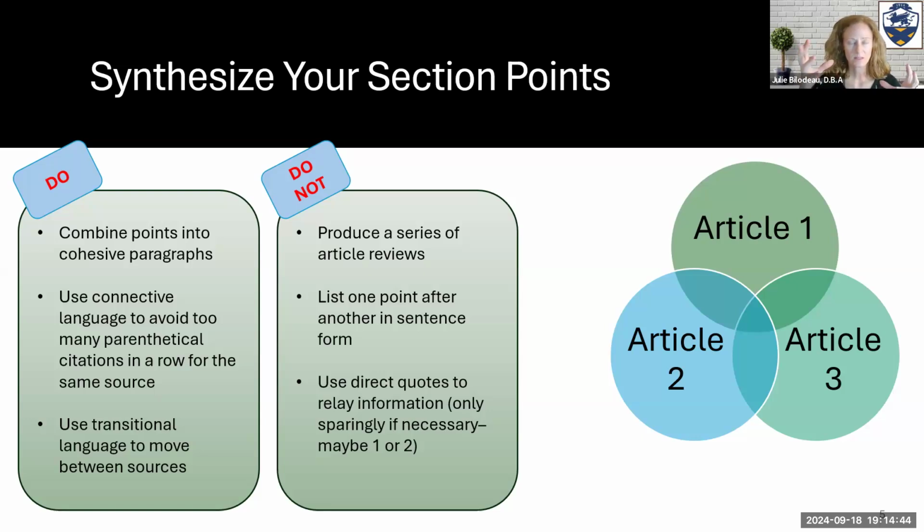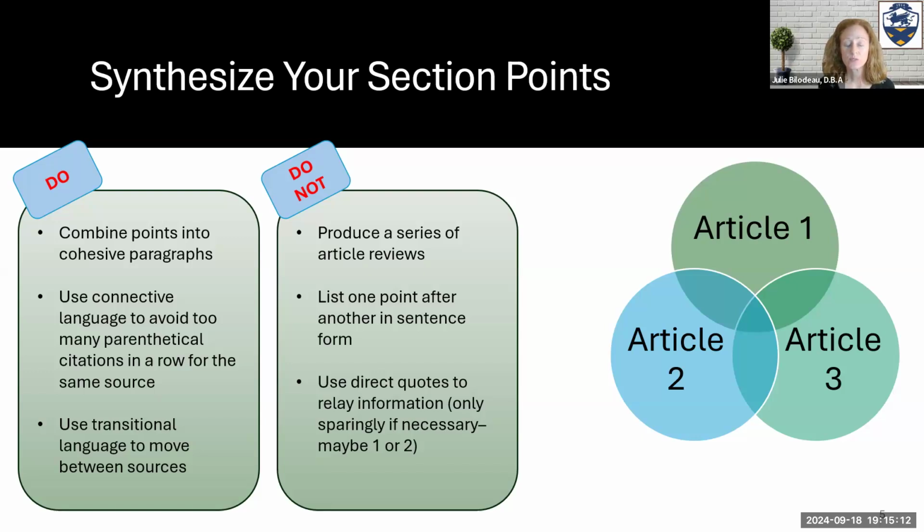You want to use transitional language to connect one to the other, because otherwise it just becomes article review, article review, or a point from one, a point from another, or points from the same source, just basically listed, but potentially in sentence form. So you want to avoid anything that looks like a list or a series of points or article reviews.